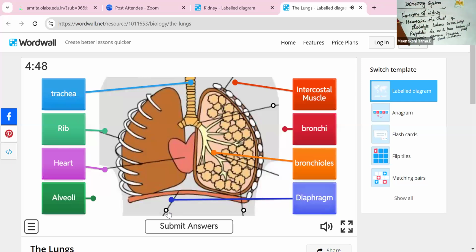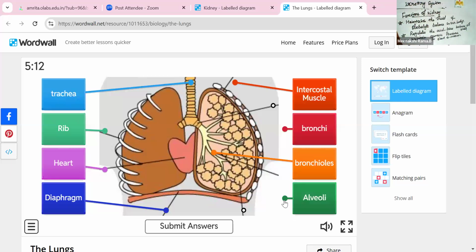Contraction is done in this part only. Contraction and relaxation is done with the help of the diaphragm. When we want to inhale air, the diaphragm comes down. The exhalation is done when the diaphragm contracts.